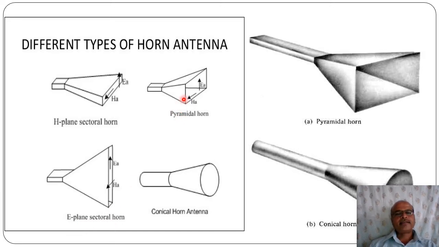And when flaring is done on both sides, then it is called a pyramidal horn, just like this structure. Then next is a conical horn. As previously mentioned, when a circular waveguide is flared like this, then this conical horn structure is formed. This is a conical horn.